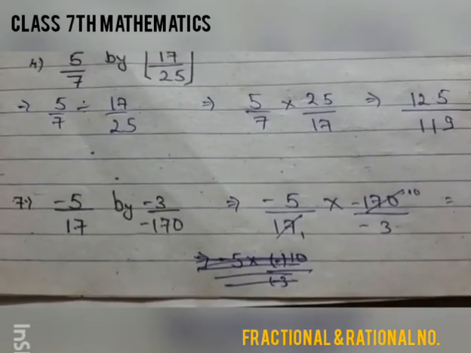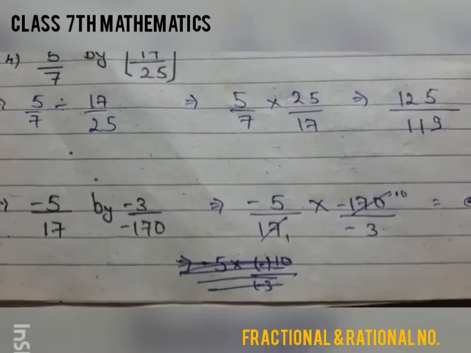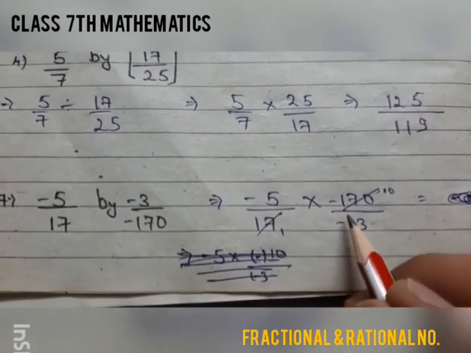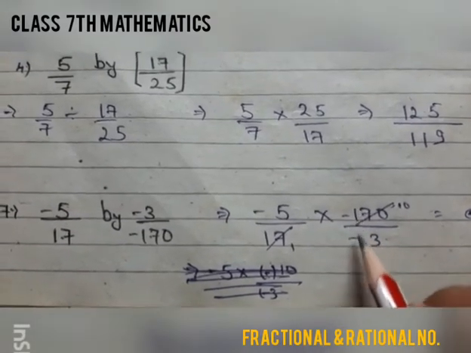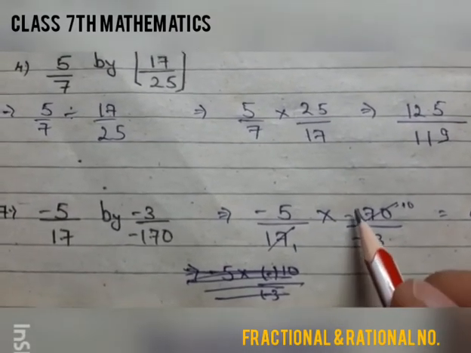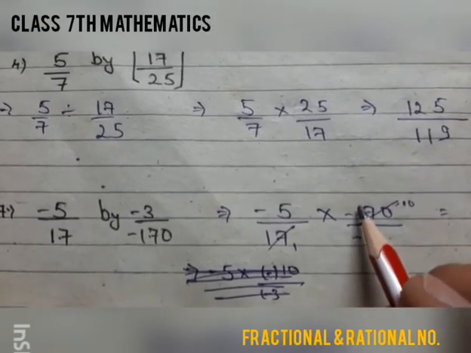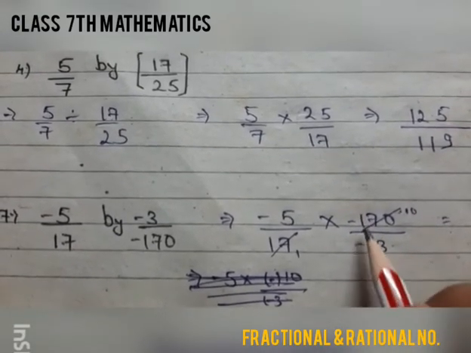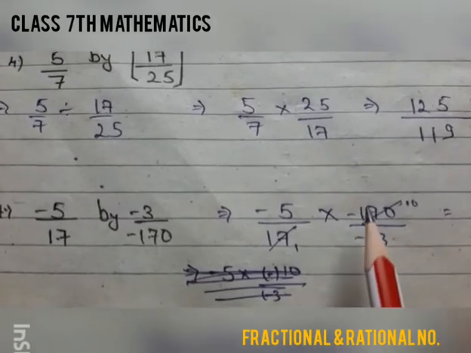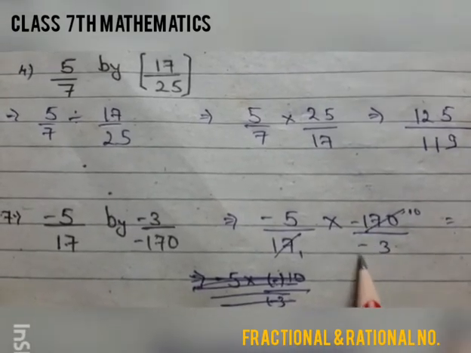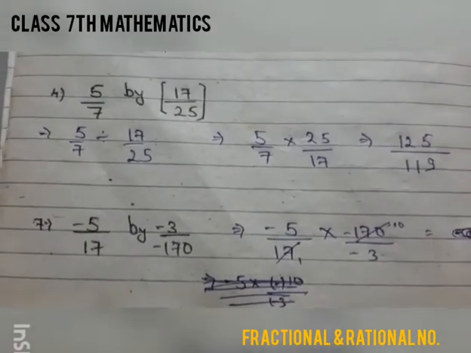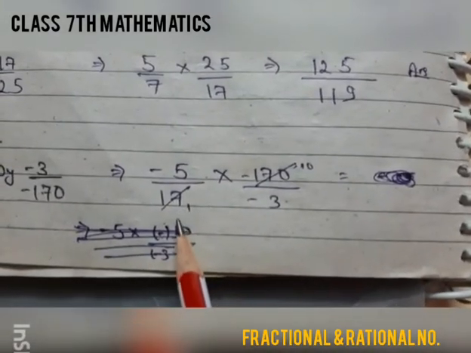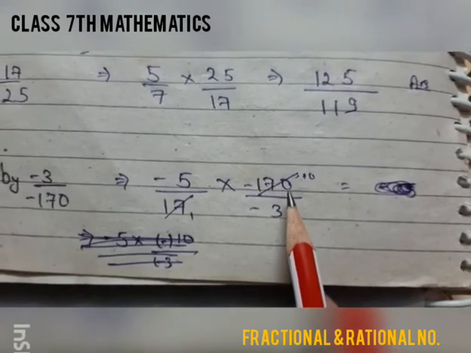Now multiplication you can do. Here also it is minus, here also it is minus. When there are two minus signs in numerator and denominator, they are always striked off, meaning they are cut. So either you can cut it here, or don't pay attention right now to the sign of the integer, simply solve it. 17 ones are 17, 17 into 2 is 170.